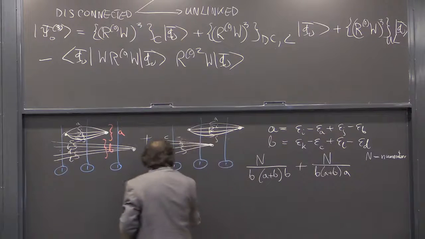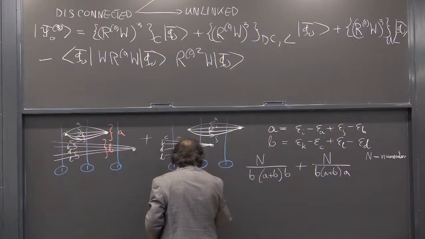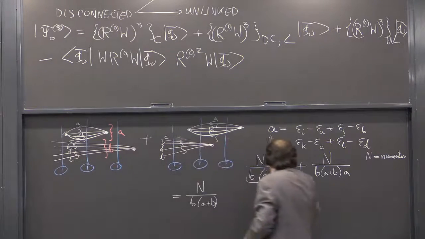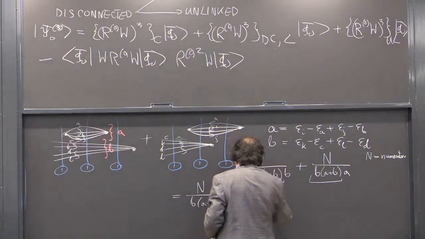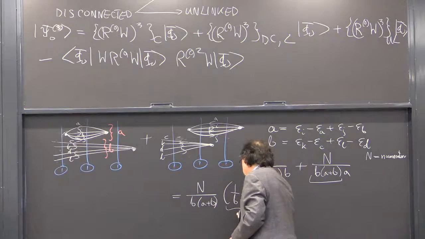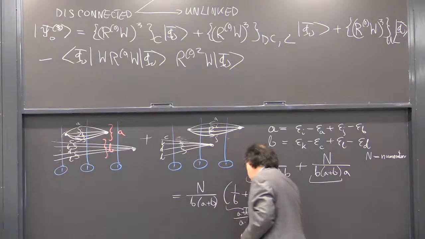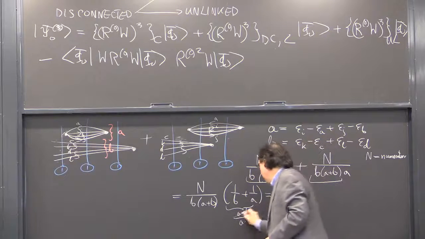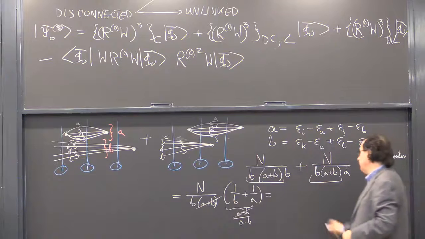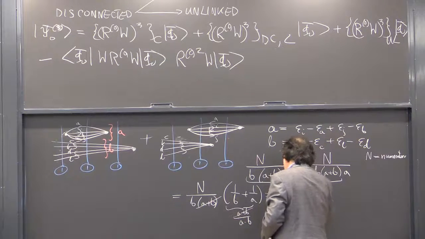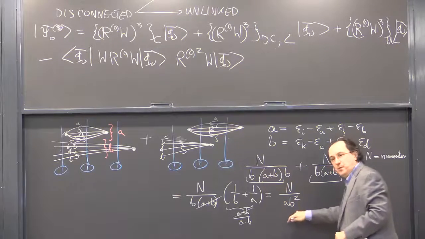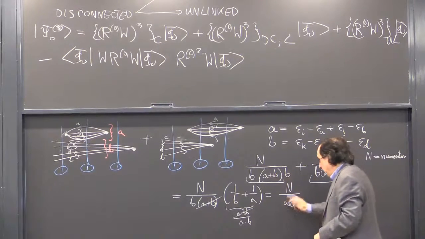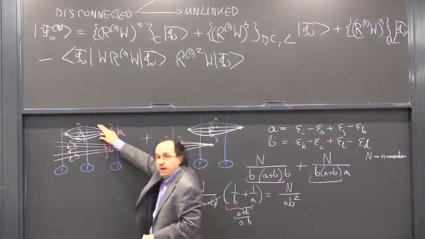So you can, of course, add this up once again. You end up with N over B times A plus B, and B times A plus B is common. Then we end up with 1 over B plus 1 over A. 1 over B plus 1 over A is A plus B over A times B. Okay? The A plus B here will cancel the A plus B here. And you end up with N over A B squared. So you, again, are able to factorize our denominators. The long ones become a product of short ones. Okay? And now A relates to the lines of the vacuum piece. Okay?